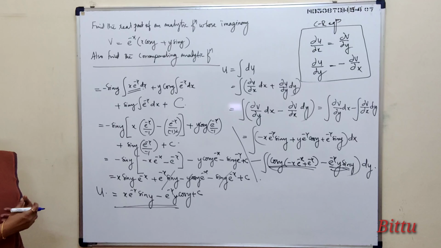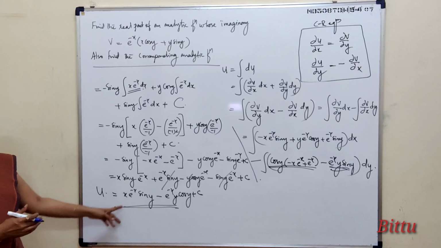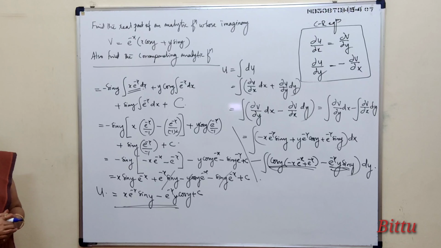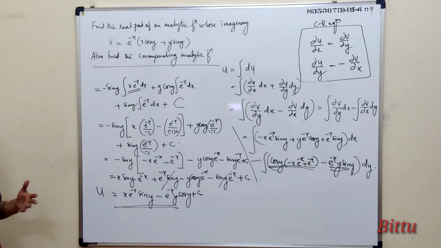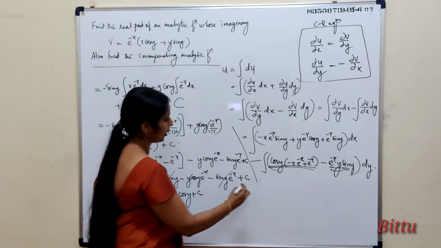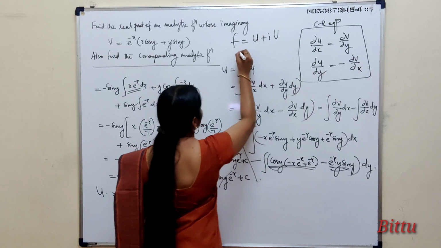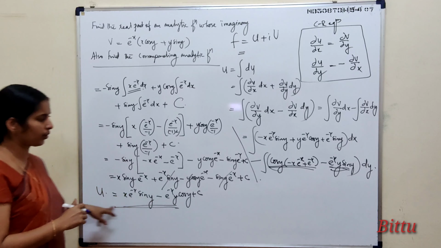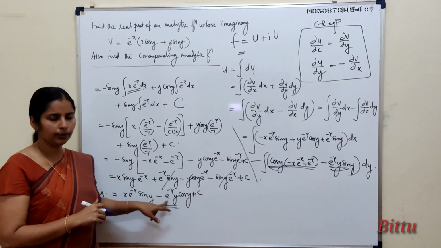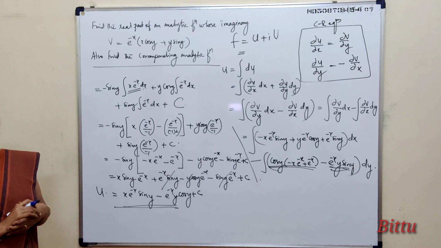So we have the real part of the analytic function. In the second part, you have to write the corresponding analytic function. Our analytic function is f equal to u plus iv. In this, you put u. What is u? u is this function. You write u plus i into v. That is the required analytic function.